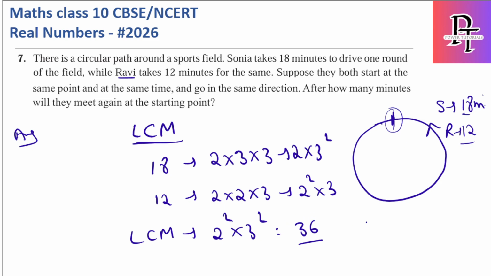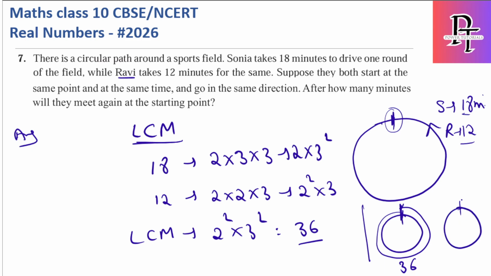You can also cross check how it is happening. Sonia reaches here at the 18th minute, and at another 18th minute she reaches the same point again, so at the 36th minute she reaches this point. What about Ravi? He first hits this point at 12, again at 24, and again at 36. So at the 36th minute, both will be at the same starting point.